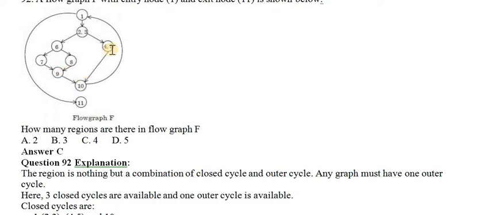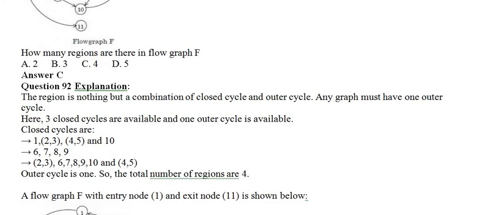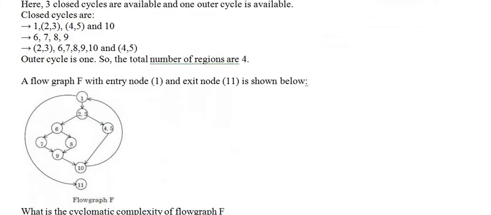Then this is another region, 6, 7, 9, 8, and 1, 2, 3, 4, 5, 10 is another region already calculated. So the number of inner closed cycles is 3, and by default we take one outer cycle. So it will be 1 plus 3, 4.